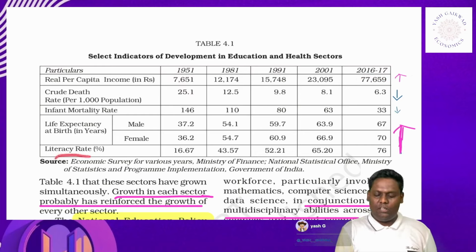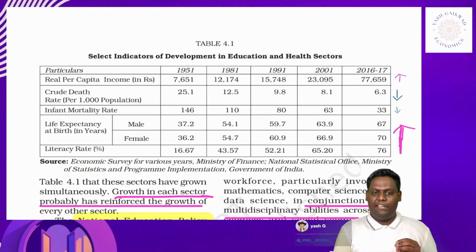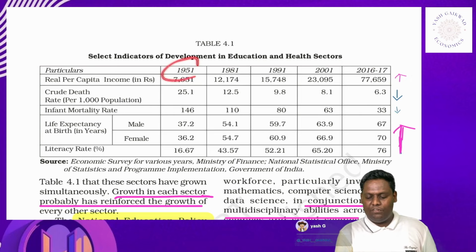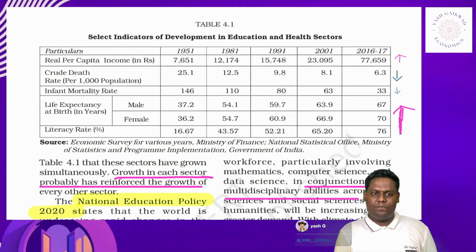And the overall literacy rate, that is the percentage of people in the population that are able to read and write, has improved drastically from 16.67 percent in 1951 to 76 percent in 2016-17, and has improved over the years.